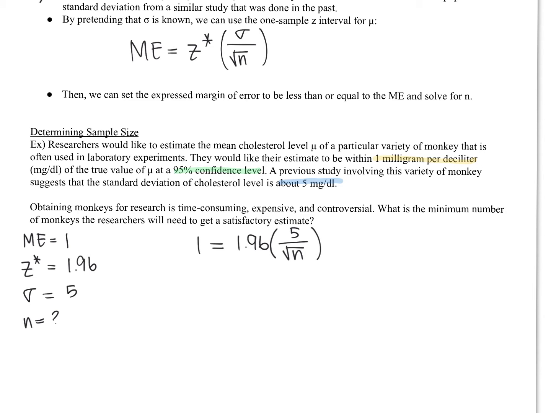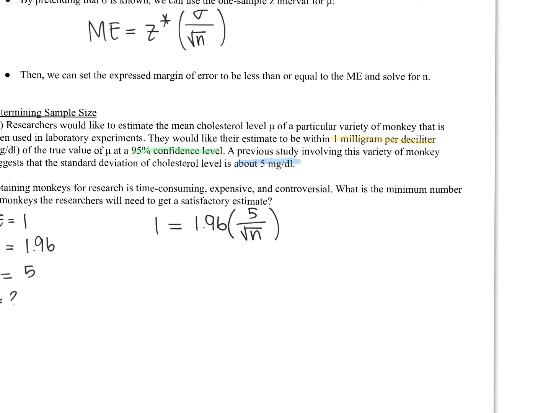So this formula is a little bit easier to solve for. What I'm going to do over here is rewrite a formula based off solving for sample size, so you have a generalized one that you can use. What we end up getting is that the square root of n equals the z critical value times the standard deviation over our margin of error, because we would multiply by the square root of n and then divide by the margin of error.